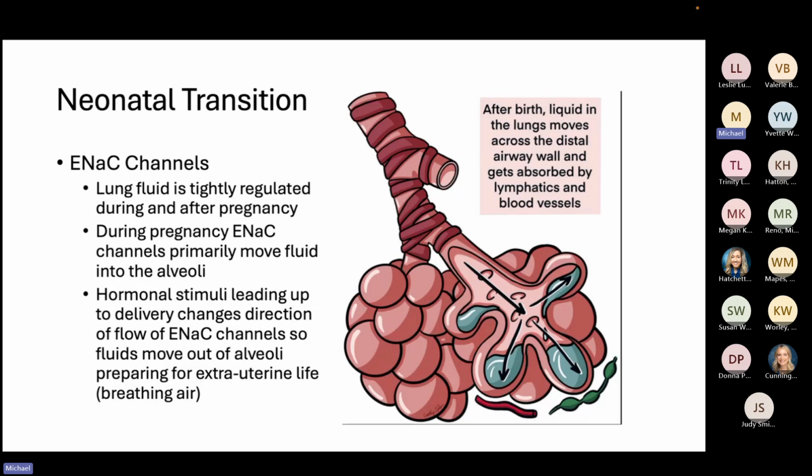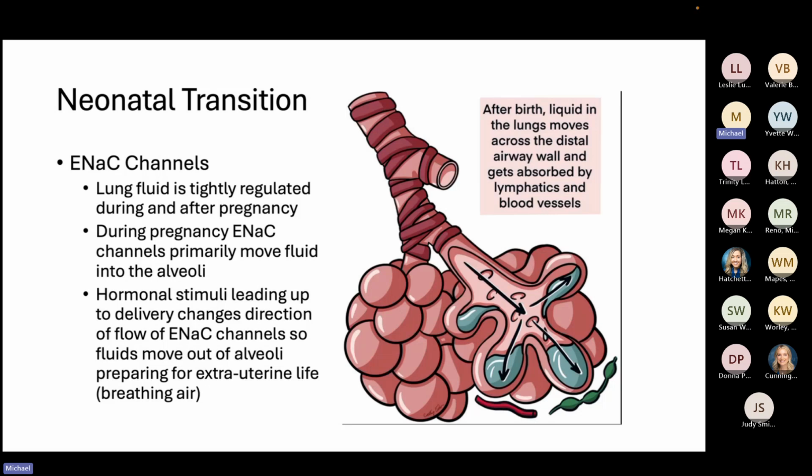And so this is a nice diagram of seeing that fluid moving in the opposite direction from the alveoli into the pulmonary vascular and lymphatic vessels and into the interstitial space itself, as that fluid moves out of the alveoli and away from the lung.